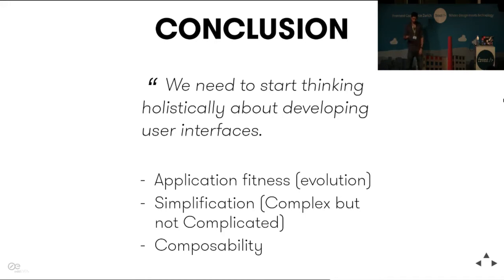And what we achieve with building stable intermediate forms is application fitness, right? So it's fit for evolution, for change. It's resistant to change. We can easily change the system. We'll also achieve some simplification because the system is probably complex, but not very complicated. And of course, we have composability.